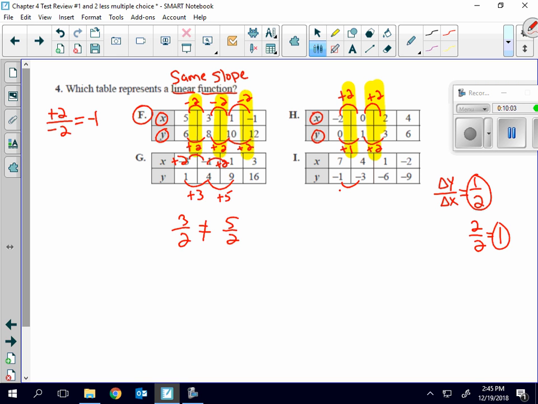And this one up by 2, down by 3. This one's going to go down by 3, and this one goes down by 3. Again, y over x, so 2 over negative 3 does not equal negative 3 over negative 3. So that's why that one doesn't work either. So the answer is F.